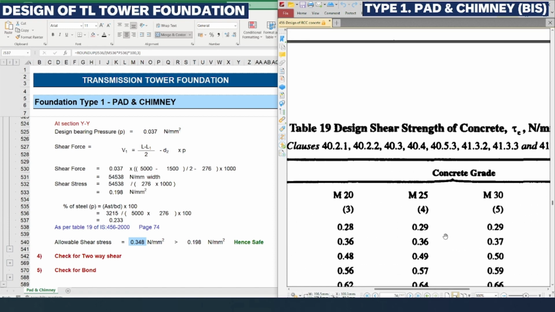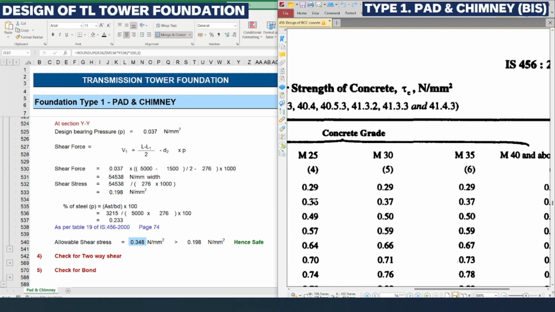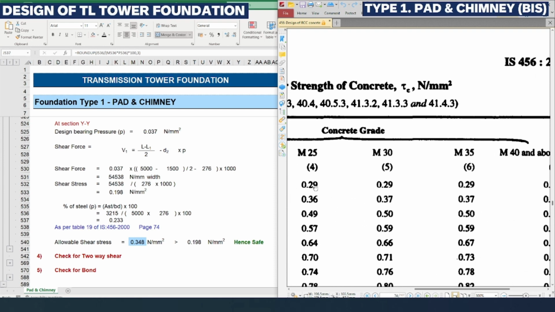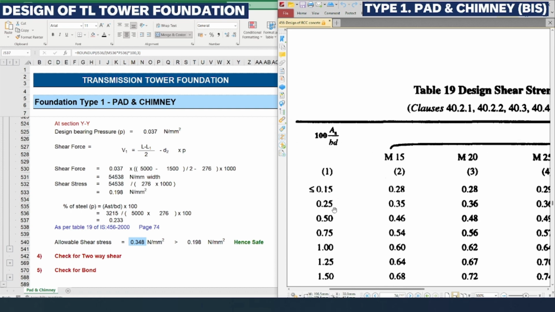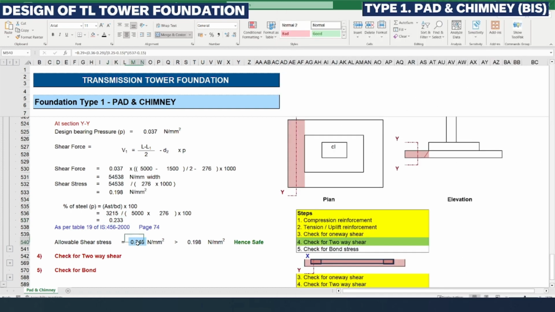We need to do some interpolation between 0.36 and 0.29 in line with the 0.15 and 0.25 percentage of steel reinforcement. By applying this, we are getting allowable shear stress as 0.348, which is greater than the required or actual shear stress 0.192. Hence, this is safe.